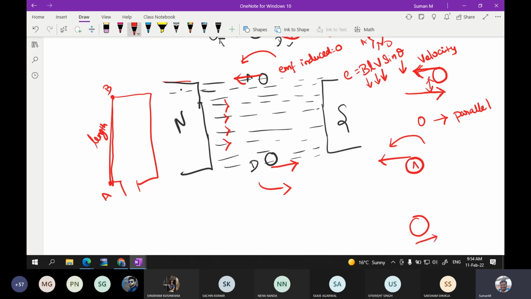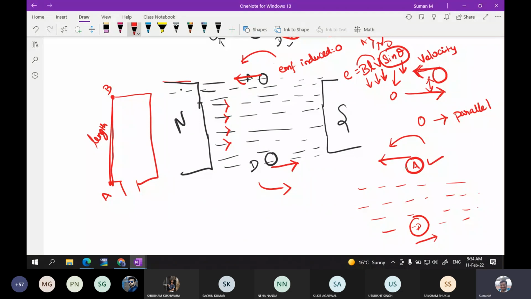This is conductor A and this is conductor D. So the direction of the velocity of the moving conductor is parallel to the magnetic flux existing in the system. Because of the parallel nature, sin theta will be zero. Since theta is zero, you are going to get zero induced EMF at that particular position.